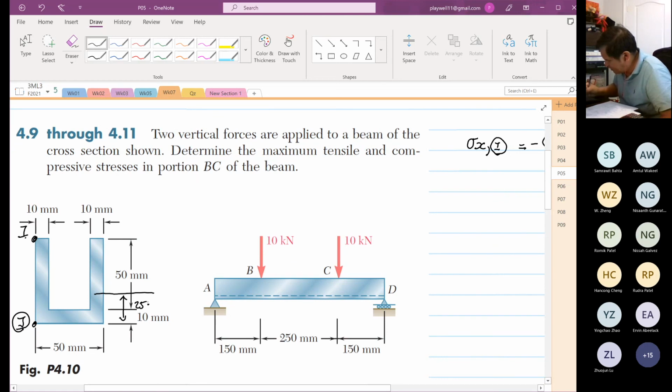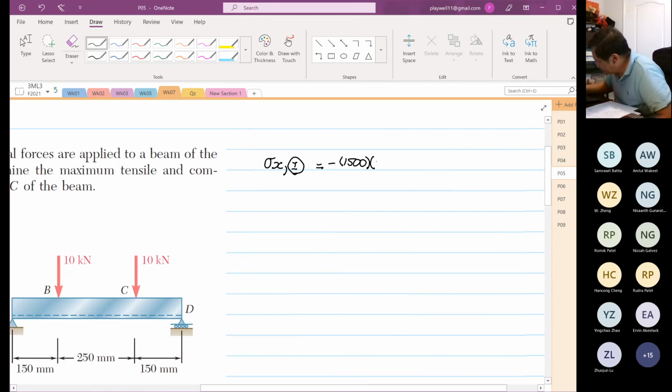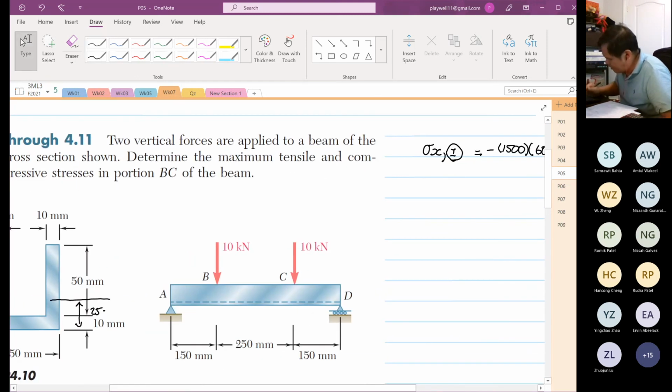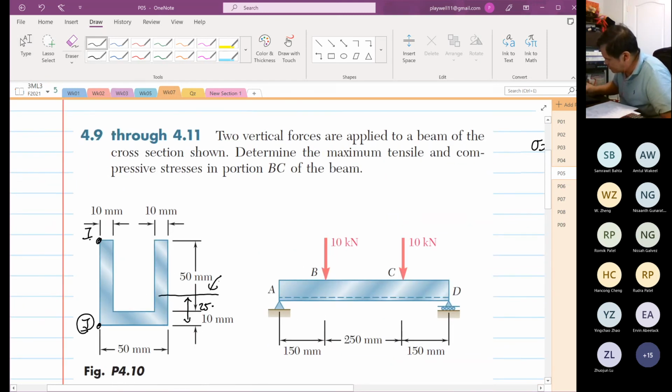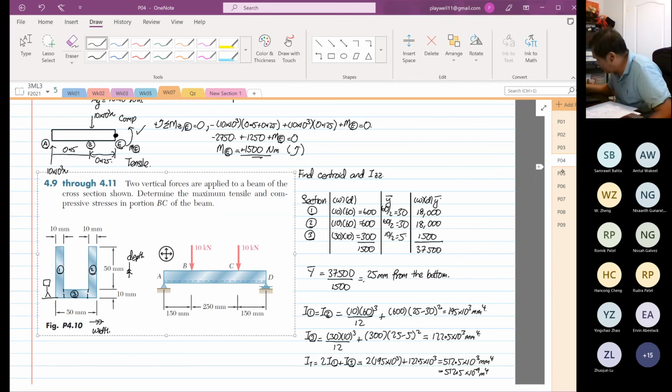So the top, I, is 60, so 60 times 10 to the power minus 3 minus 25 times 10 to the power minus 3. Because the y distance is relative from the centroid, not from your datum, okay? And then from here, you divide by 512.5. Is it 512? Yep, 512.5.